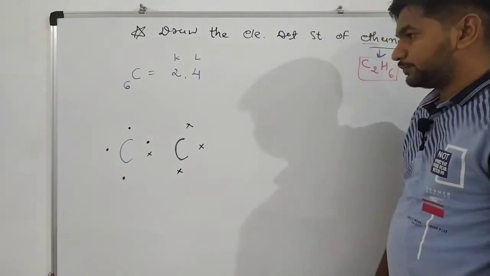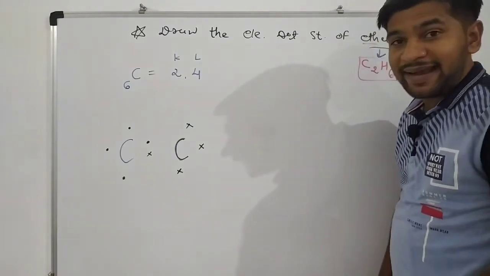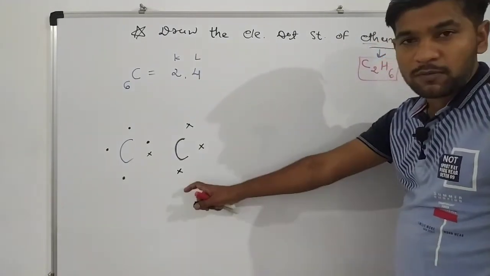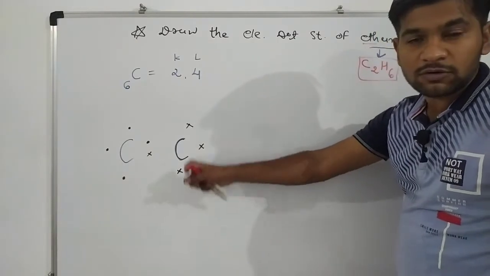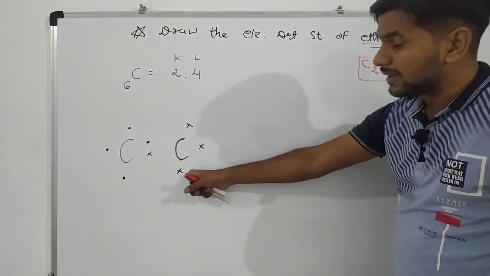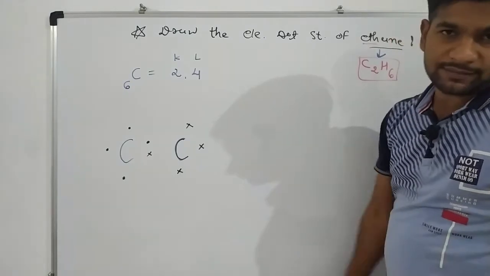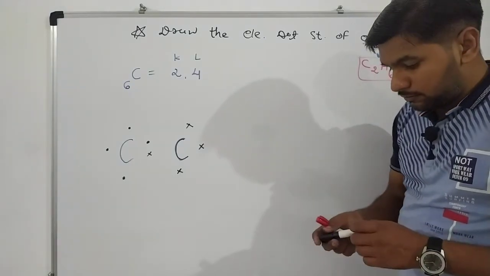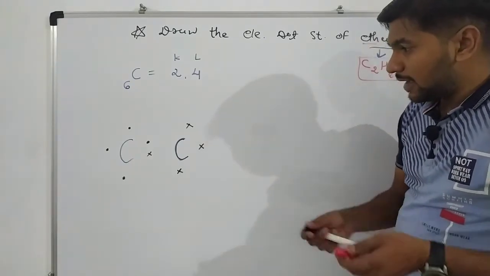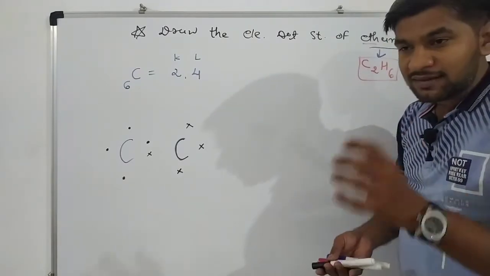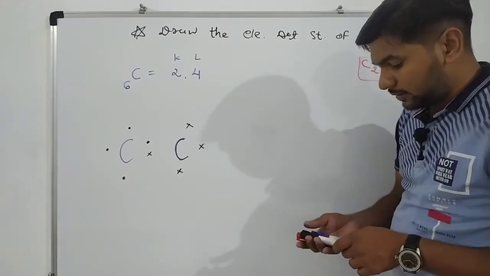Now, with the help of sharing electrons with hydrogen, the carbon compound completes its octet. Let's see how.